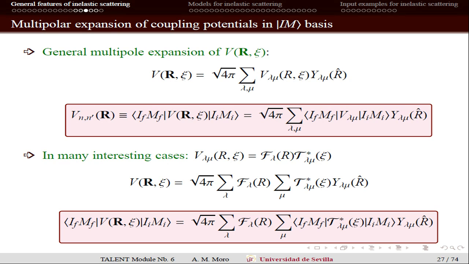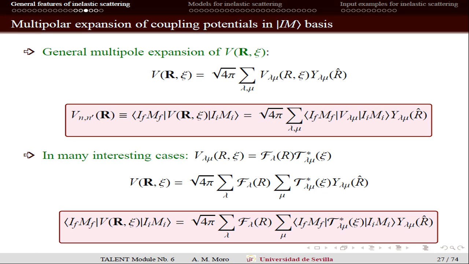This is not a general case, but many times this will happen. And it will be useful because when we calculate the coupling potentials, we will get a nice factorization of this kind. So we put this into this expansion, and we have all the structure part here. We now have the radial part, the structural part, and the angular part, everything factorized.